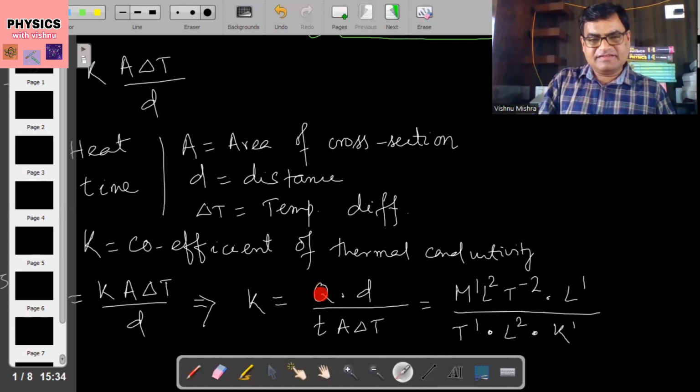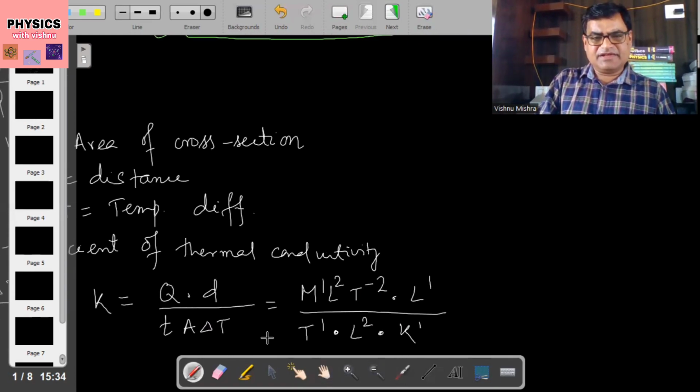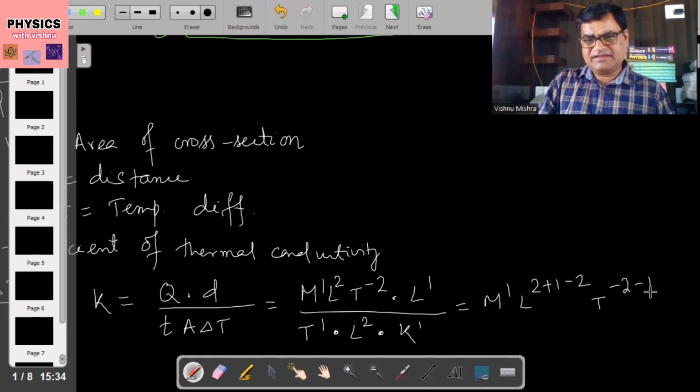Understood this? Q is our M1 L2 T minus 2. D is our L1. T is our time. A is the area. Delta is the Kelvin. Now this will become M1, collect the power, L, 2 plus 1 minus 2. And T power is minus 2 minus 1.